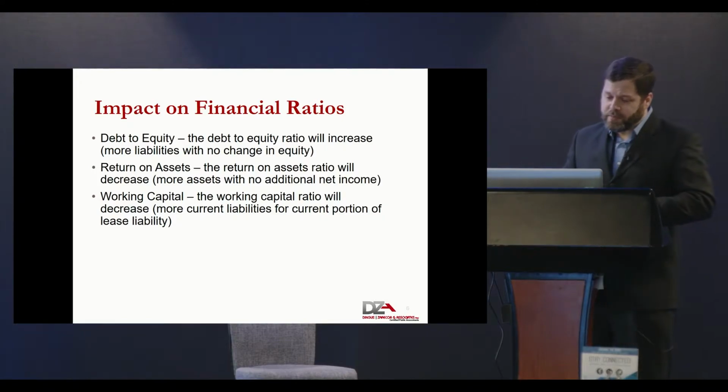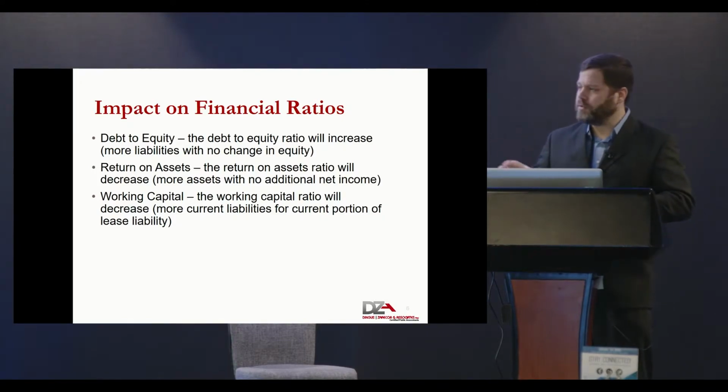So one thing to keep in mind, and I'll mention this again at the end when we talk about implementation, but this could have a substantial effect on some of your financial ratios. And these are some of the key ones: working capital, also known as the current ratio, debt to equity, return on assets.